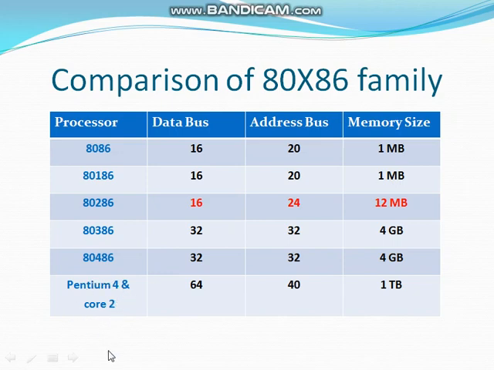The advanced processor, that is the Pentium 4, has a 64-bit data bus and a 40-bit address bus. So that's why it can address up to 1 TB of physical memory. This is the comparison table used to compare the different Intel processors.